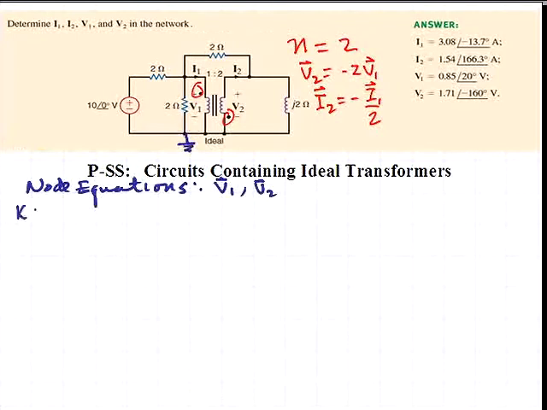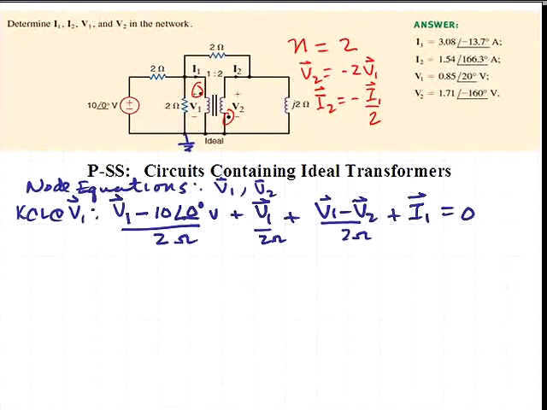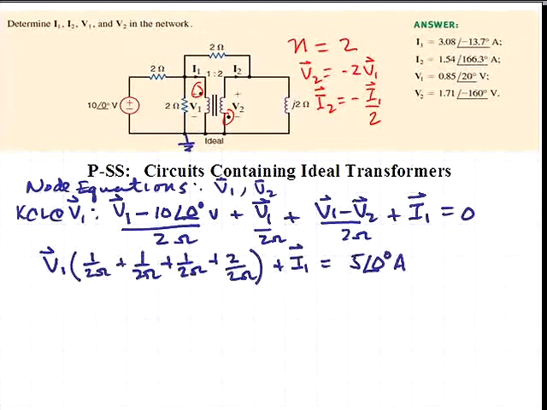So KCL at the node V1 voltage gives us, or we can combine terms and have that V1 times the sum of, here this term that multiplies the V1, this 2 over 2 ohms comes about from that negative V2 term in the summation of the currents and the relation for the V1, V2 in the ideal transformer.